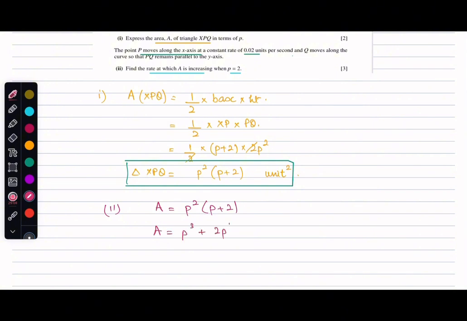So the area is in terms of P, therefore the area is changing with respect to P. They are asking for the rate at which the area is increasing, that means I need the rate of change of the area, dA by dt, when P equals 2 units.